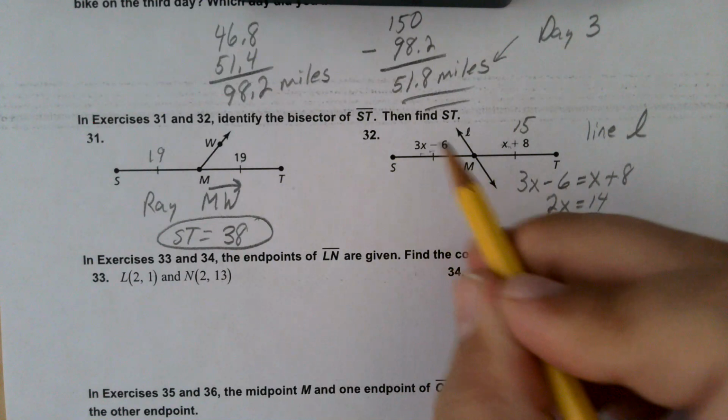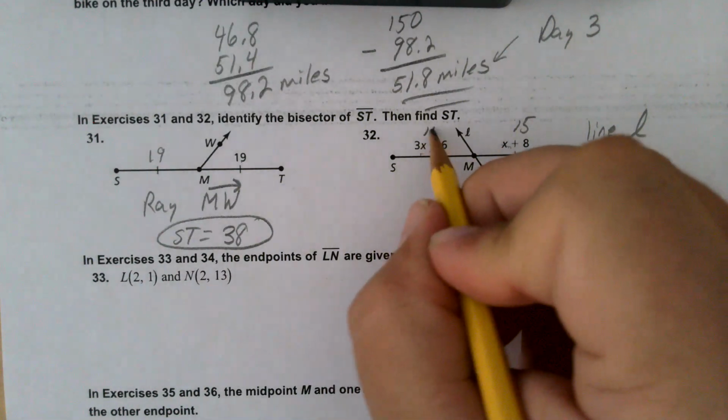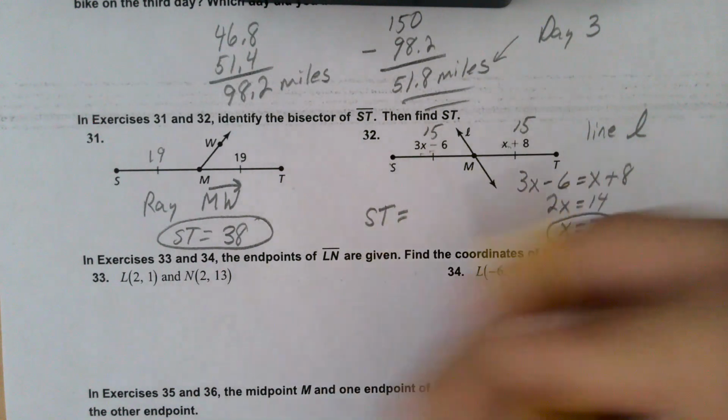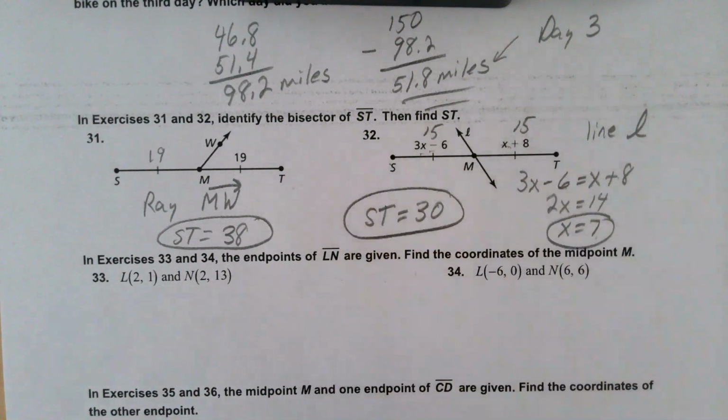If I plug it in here, I get 21 minus 6, which is also 15. Therefore, the total distance from S to T has to be 30. So again, that is probably the most steps that you're going to have to show on your quiz, or on our first quiz. So just make sure you understand that.